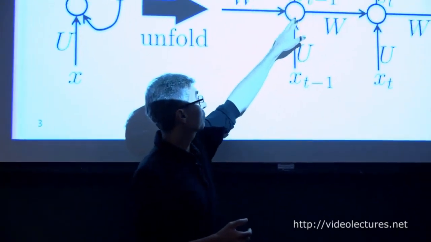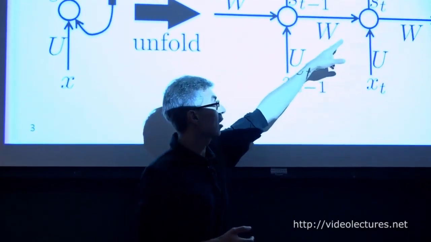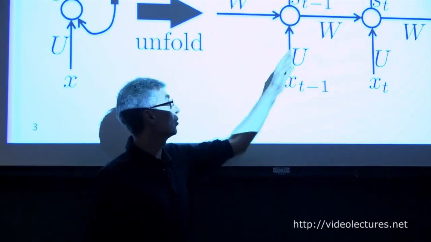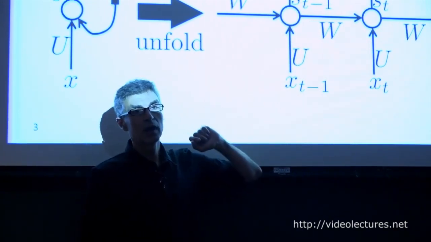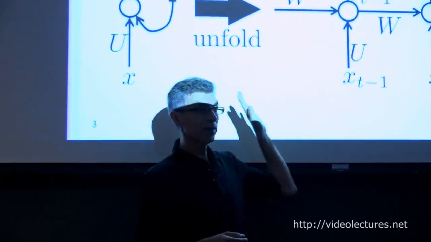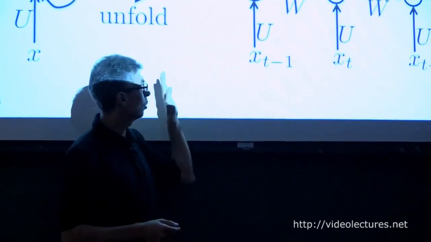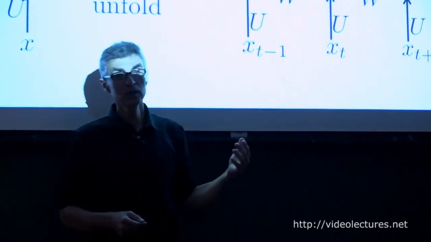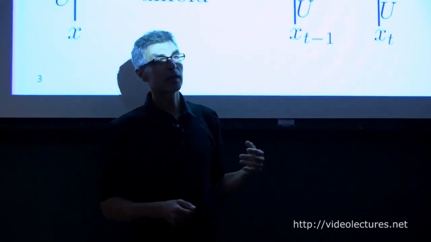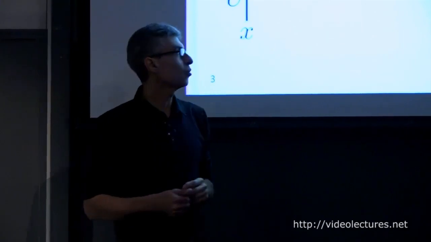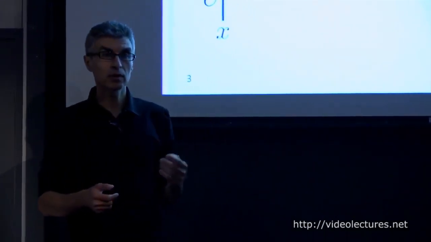The other big difference is that these states now have a conditional distribution given the past which is deterministic, which means that inference going from left to right, in other words, if I know some inputs, I can compute the probabilities of all the future ones, is trivial. But inference going in the other direction, in general, is going to be hard. So it is a particular kind of directed graphical model.